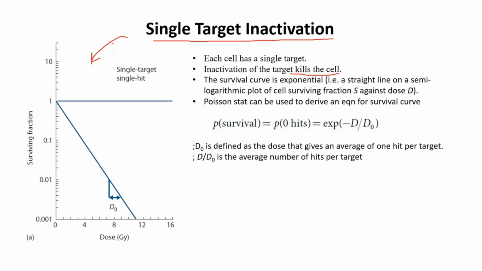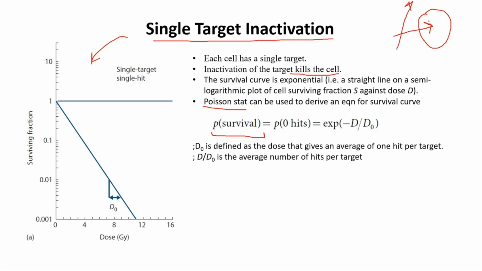To derive the equation of this curve, we have to use Poisson statistics. And how do we define the probability of survival? Probability of survival means probability of zero hits. As mentioned before, if this is a target, a hit over here will lead to cell killing, but if it does not hit, it does not lead to cell killing.